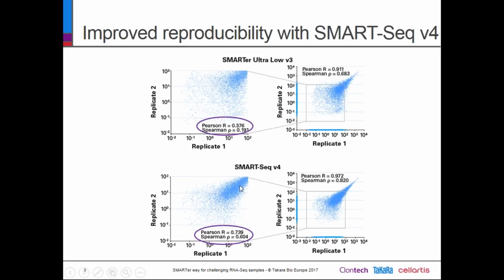You can also see that the points are much closer here as compared to here. So this result shows that we can be confident with the results obtained with V4, even for transcripts that are very low expressed.